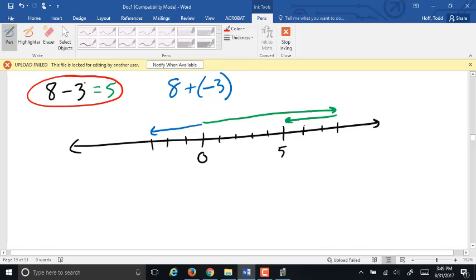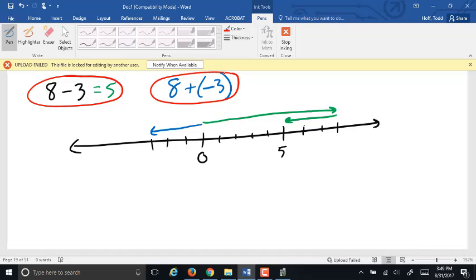These two problems, 8 minus 3 and 8 plus the negative 3, represent the exact same thing. We've discussed a little bit about subtraction's relationship to addition, that they are the same operation, just addition is going forward, subtraction is going in reverse. There are actually some textbooks out there that would tell you that subtraction isn't even an operation, that it's just a byproduct of addition.